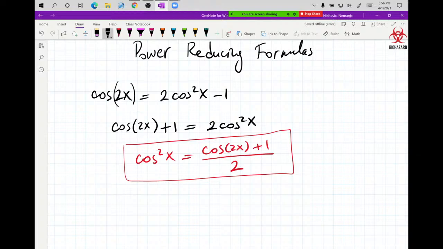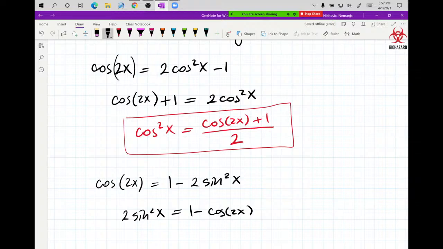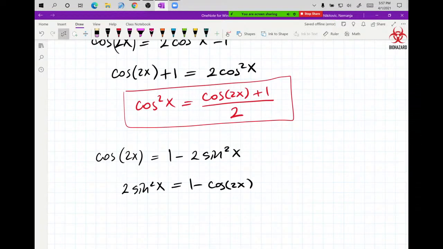It's a really cool feature. And then if you flip the other one, 1 minus 2 sine squared x, you will get the power reducing formula for sine. You move sine to the left, it becomes positive, and then you divide both sides by 2, which gives you the power reducing formula for sine.